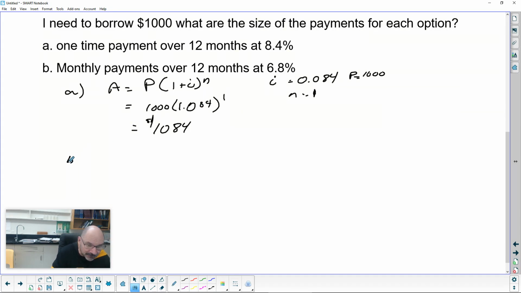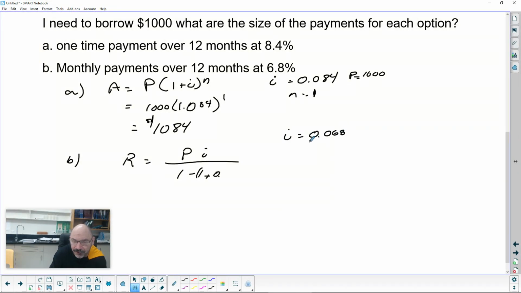Yes, so we have to get our payment here. It's regular payments, so it's going to be this formula here. All right, so let's get their interest rate here. 0.068, and we have to divide that by 12.